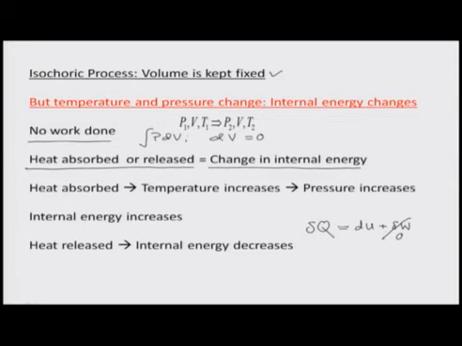So, you see, internal energy dictates whether delta Q is positive or negative. Heat absorbed means an increase in temperature, which always implies pressure also increases, because we know P is proportional to T if V is constant.